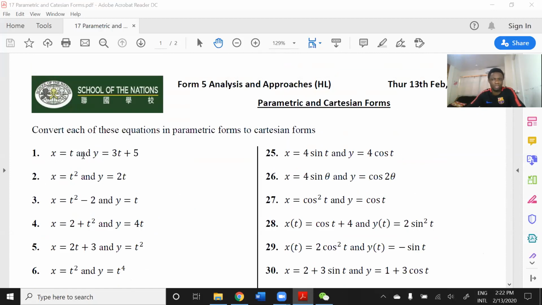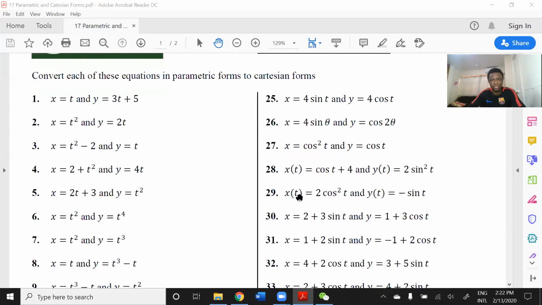It could be lambda, it could be w, but t is a very common variable. So rather than say x is equal to t, it could be in this form as well, x of t. It means x is a function of t, y is a function of t. Does that make sense? So writing in this form and writing in this form is basically the same thing. Got it, everyone?